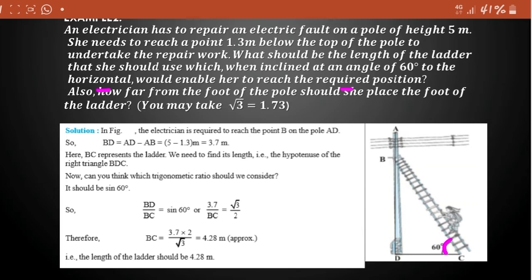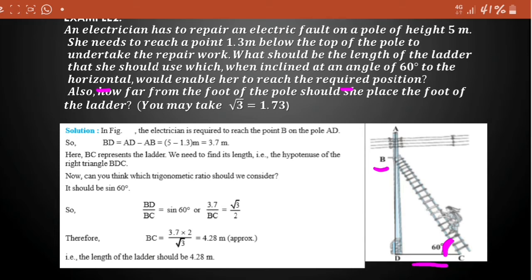That means what will be the length of BC, so that it makes 60 degree with the ground and it will reach the required point B. And also the question is, how far from the foot of the pole should she place the foot of the ladder. Also you have to find the CD distance.